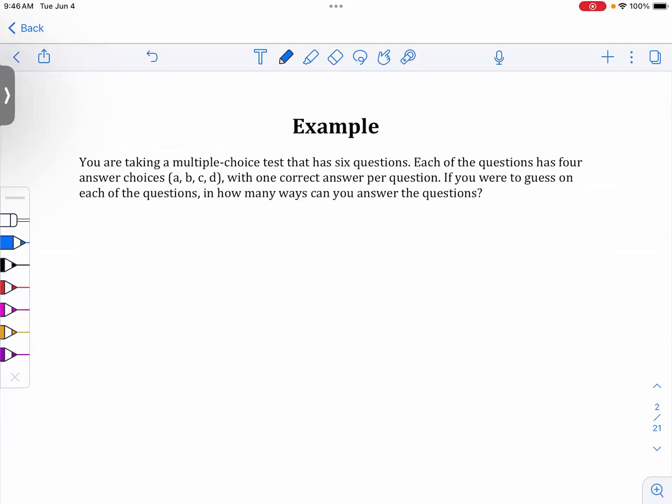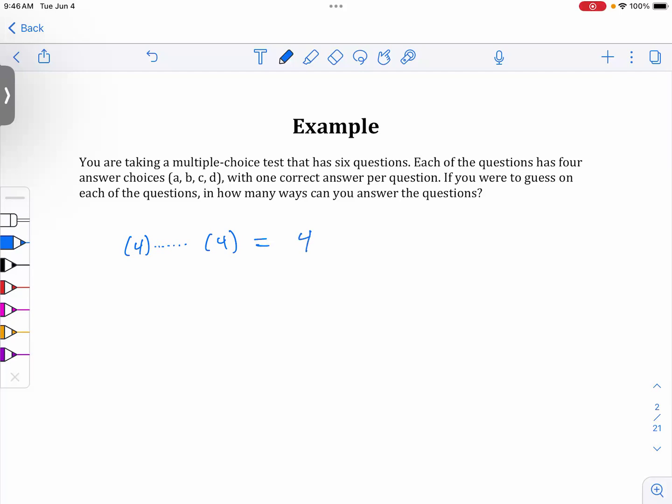If you are taking a multiple choice test that has 6 questions, each of the questions has 4 answers, A, B, C, D, with 1 correct answer per question. If you were to guess on each of the questions, in how many ways can you answer the questions? So this comes down to, we could do 4 times 4 times 4 times 4 times 4 times 4, 6 total times.